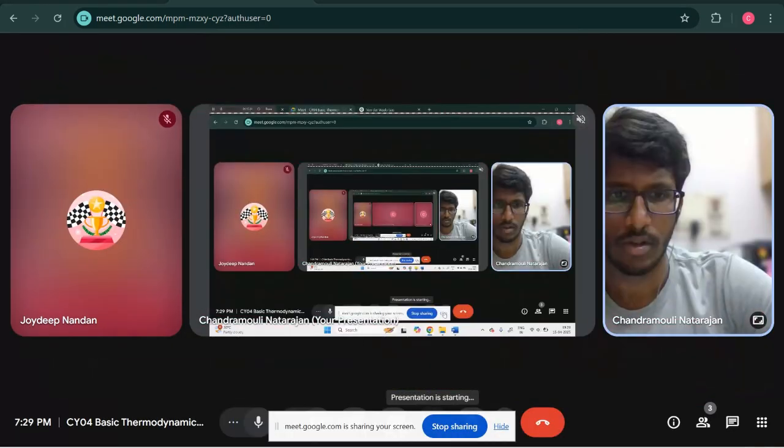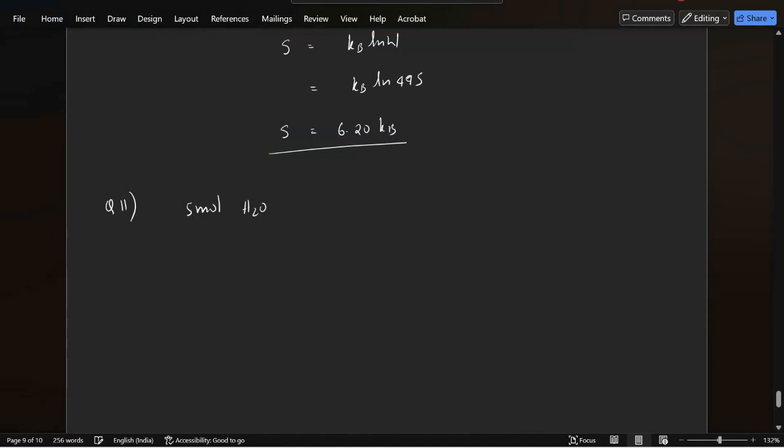Can you see my screen now? Yes, sir. So basically 5 moles of water in liquid phase is going to 5 moles of H2O in gas. So now what is the Q is what they're asking.